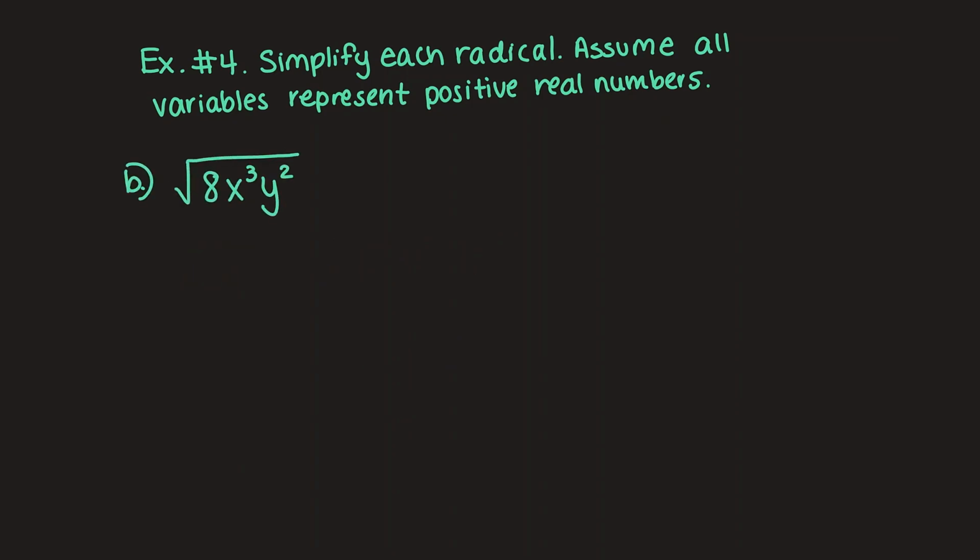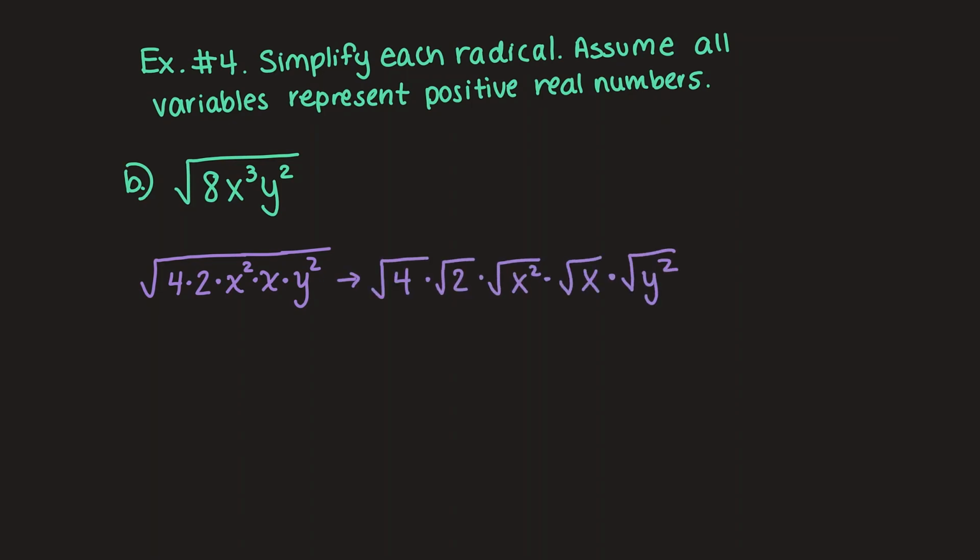For the next example, we can rewrite 8 so that one of its factors is a perfect square, so 4 times 2. x cubed we can rewrite as x squared times x, and y squared is already a perfect square, so we can just leave it this way. So we rewrite the radical as the square root of 4 times 2 times x squared times x times y squared. And then we use our product rule and simplify.